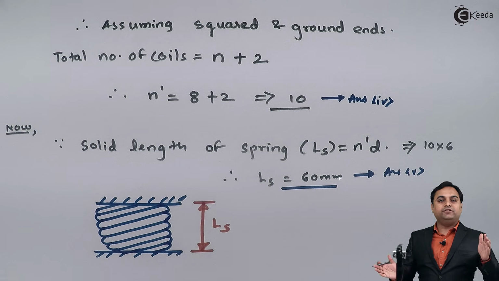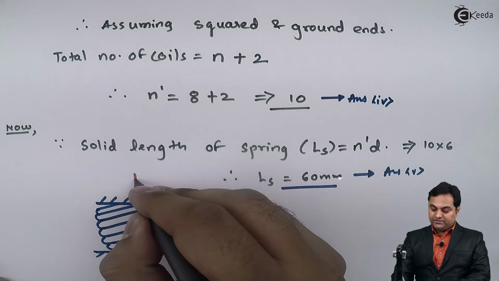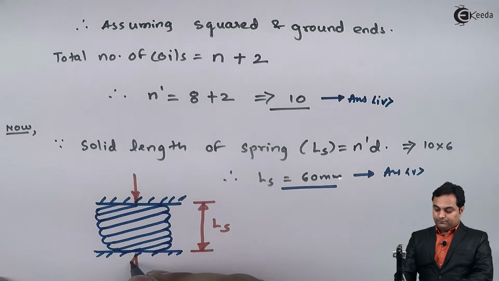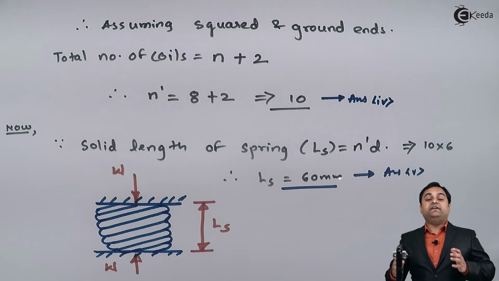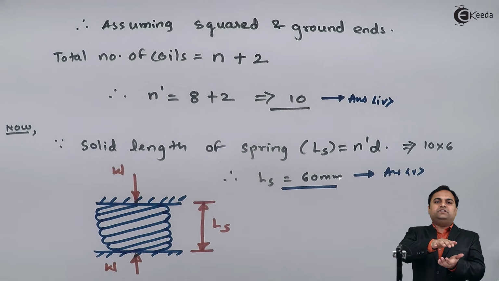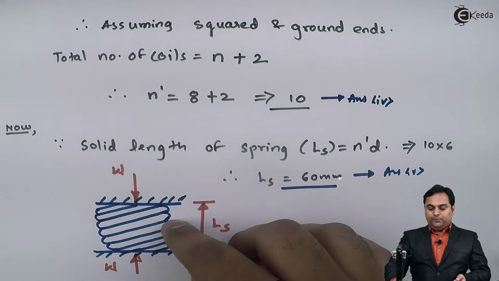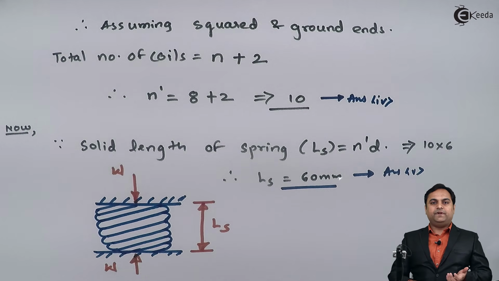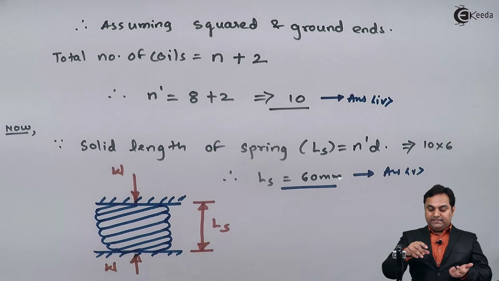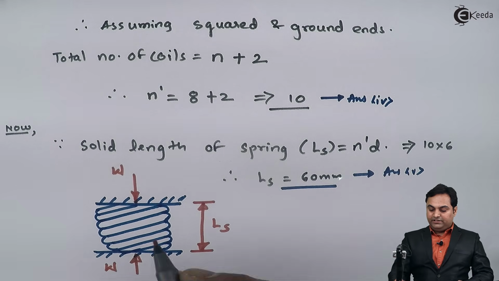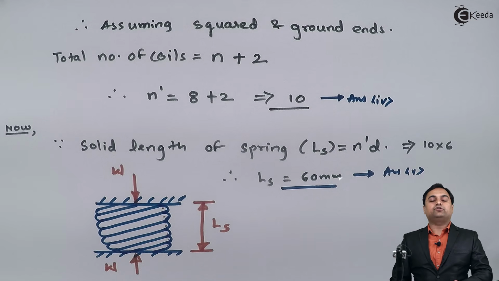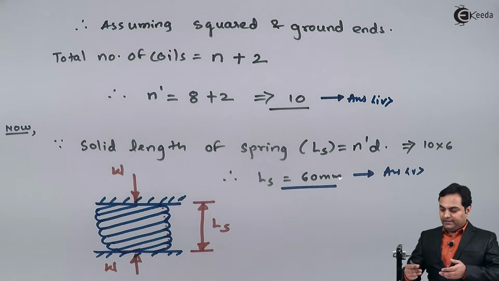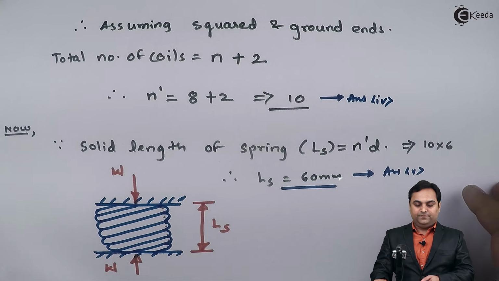That is, when we apply the load, this spring would be compressed under the action of load, since we are designing the helical compression spring. So when the load is applied, there should not be any gap between the turns or coils of the spring. When it is completely closed, each of the wire diameters is in contact, and this complete length is called the solid length of the spring. So while designing, we should even know how much the solid length should be. Next, I'll calculate the free length of the spring.